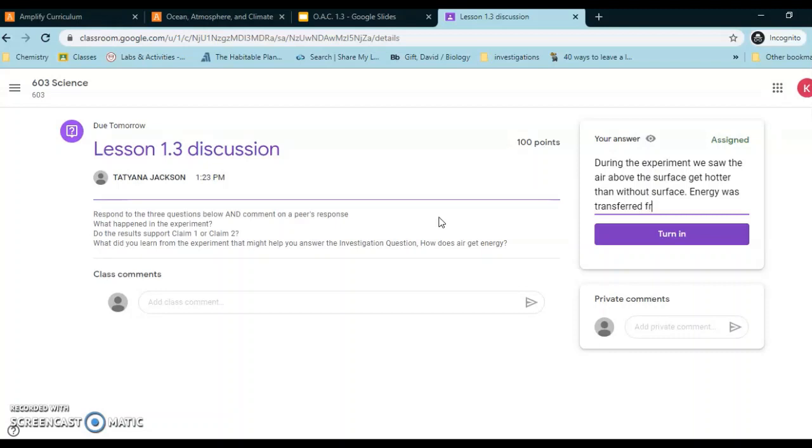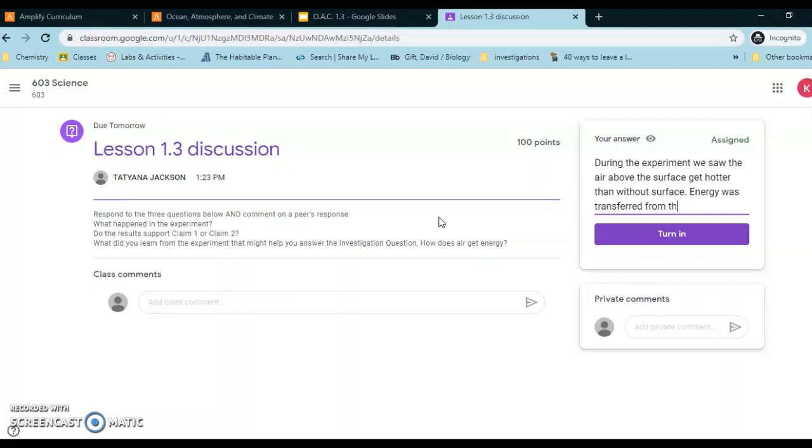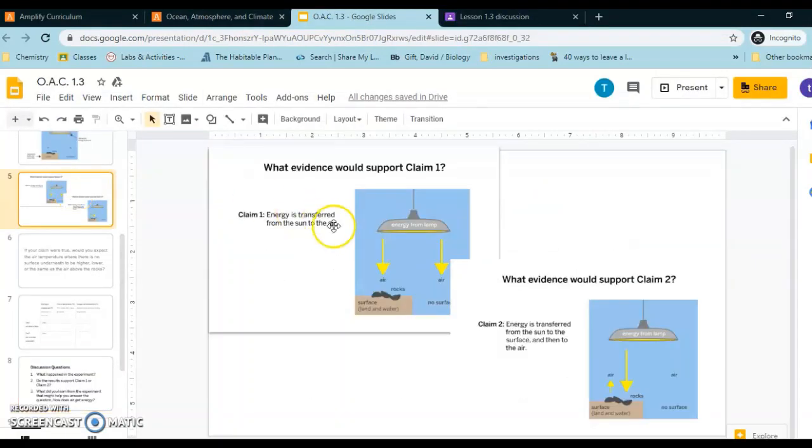That's right, from the surface to the air. Boom. So do my results support claim 1 or claim 2? Well, let's look back. Claim 1 said energy was transferred from the sun to the air. And we saw that that was not true. So it's going to support claim 2.